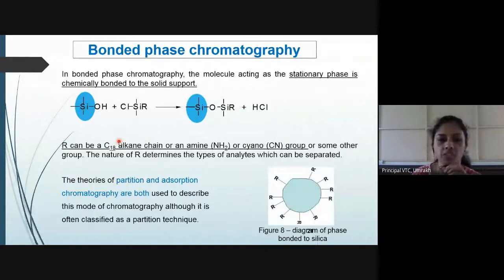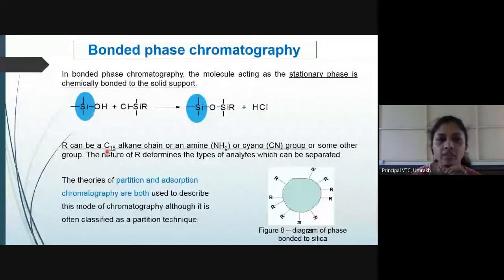The most commonly used bonded phases are C8 and C18 alkyl chains in reverse phase chromatography.